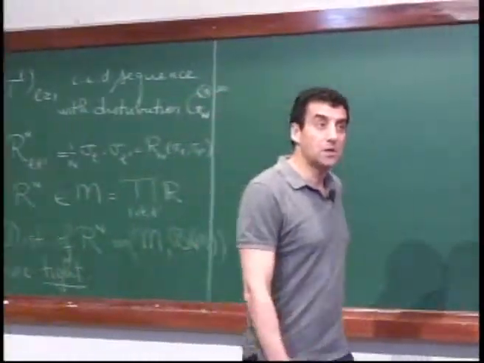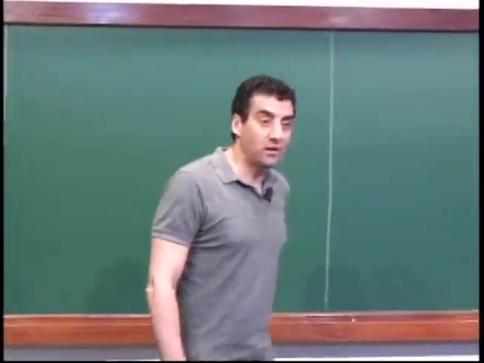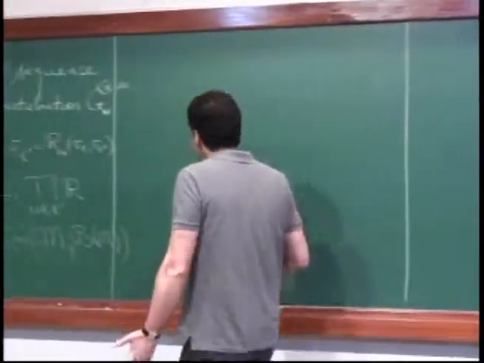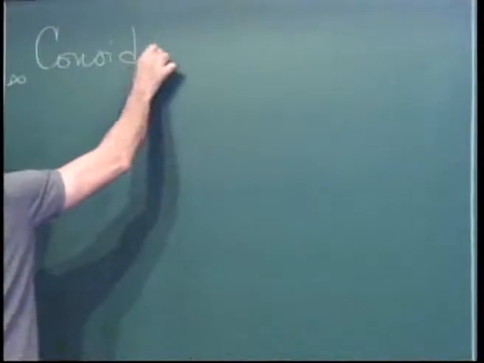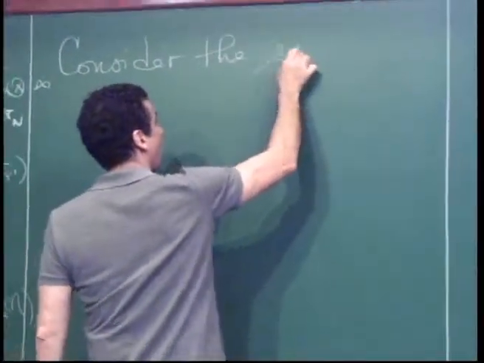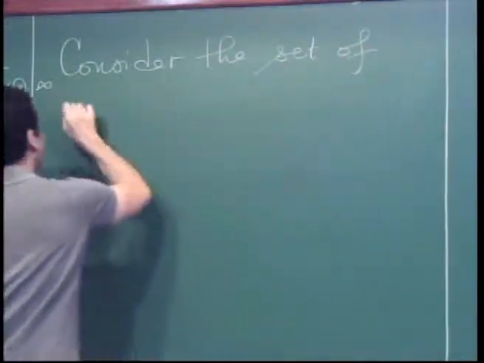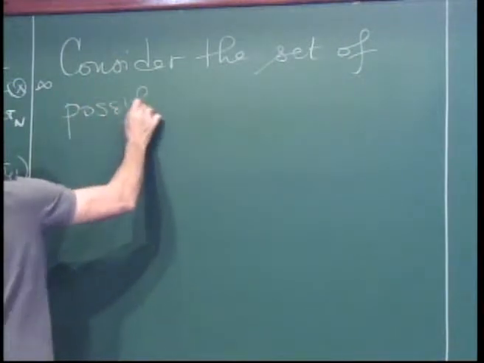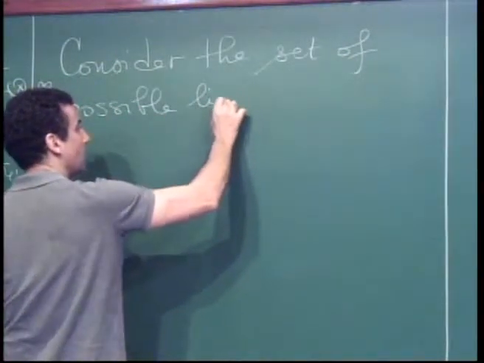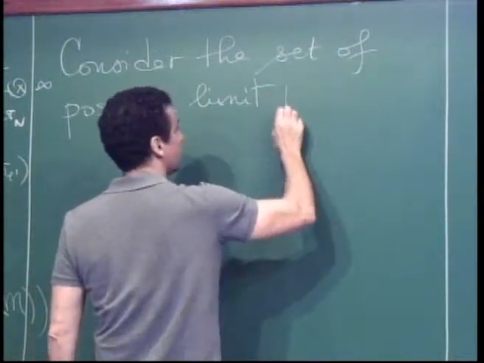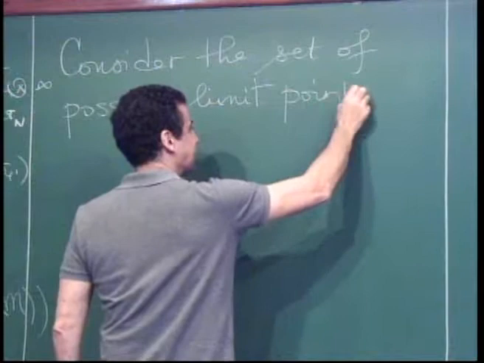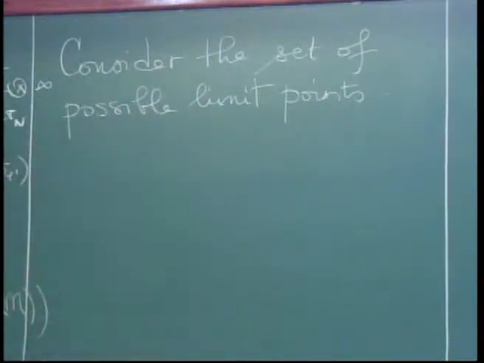So there is no doubt now that this is tight. So we can now consider the set of possible limit points, which will be convergence along subsequences. That is, distributions on this space, which will be the possible limits.